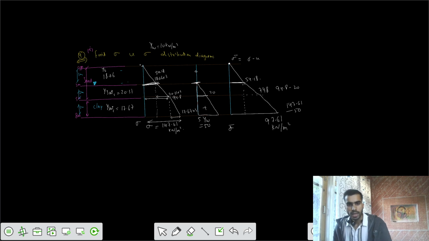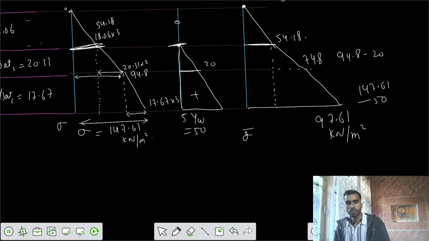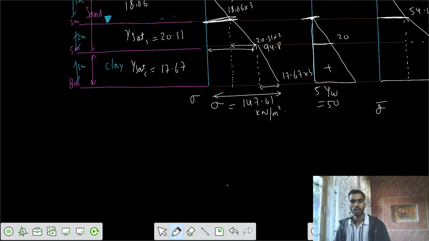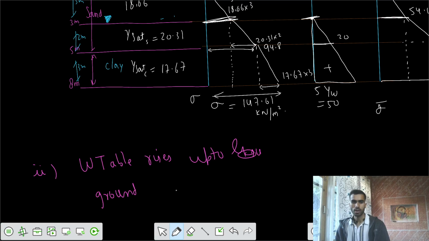Now let's talk about case 2 of the problem. Case B, case number 2 for that same problem, is that the water table rises up to ground surface, ground level, GL.